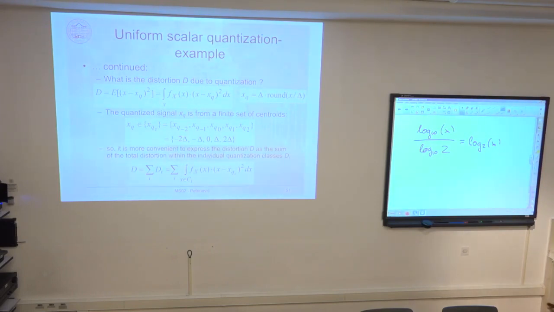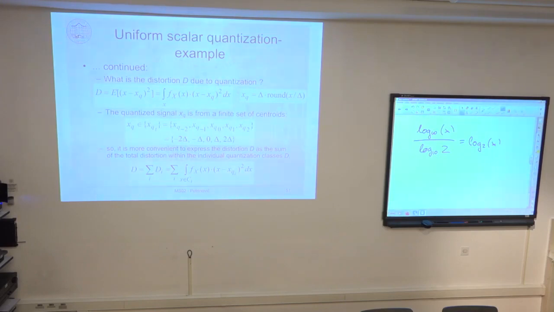Now I have to say what the x quantized is. The x quantized is decided based on this equation. I simply divide the real value x by the step size, take the nearest integer, and after that I simply multiply this integer by the step size, and I get the linear PCM quantized value corresponding to this integer code hidden behind this quantized value. So I have to substitute this here.